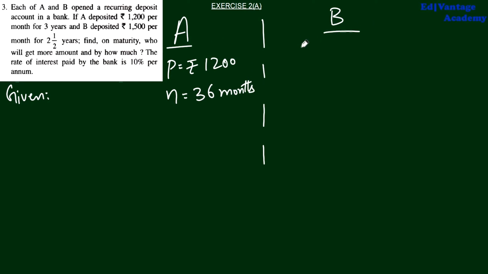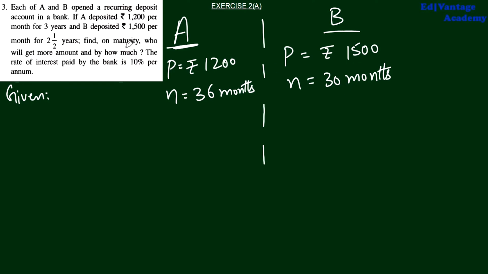For B, what is the principal? 1500 is the principal and time is 2.5 years. That means 2.5 into 12, that's 30 months. This guy, A, is depositing 1200 for 36 months, so principal is less and time is more as compared to B. B has more principal but less time.